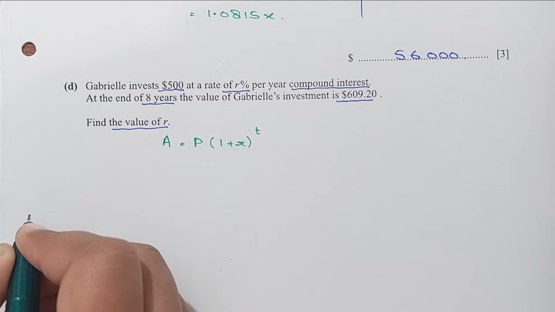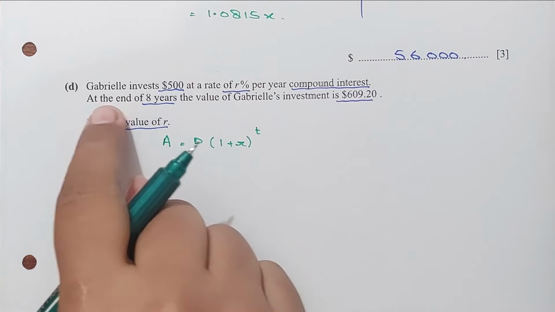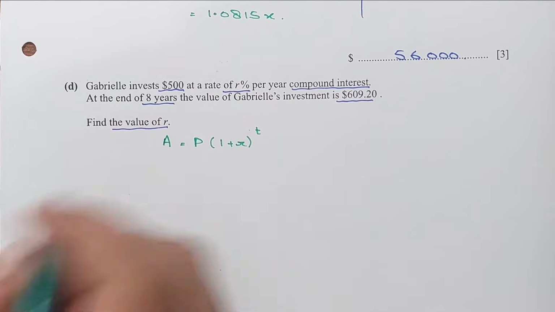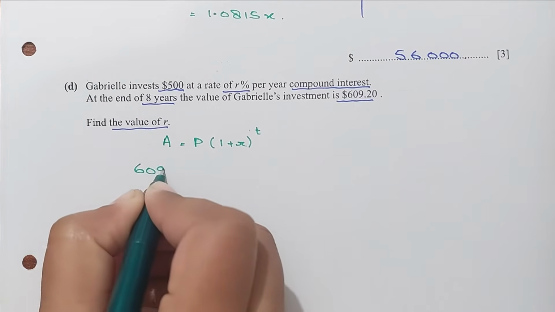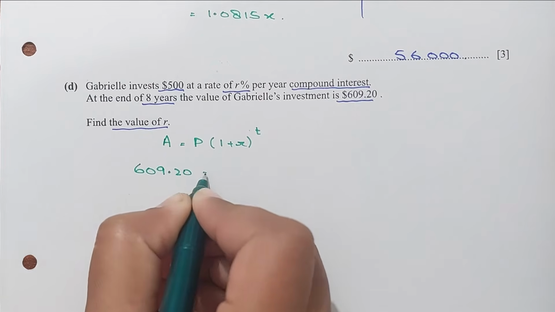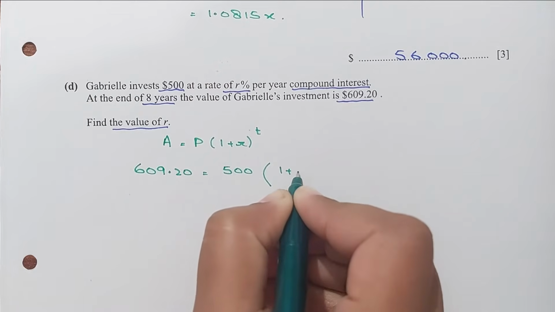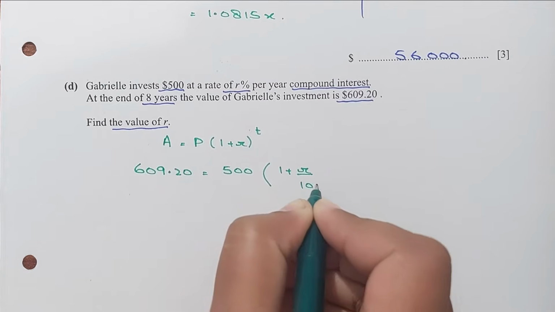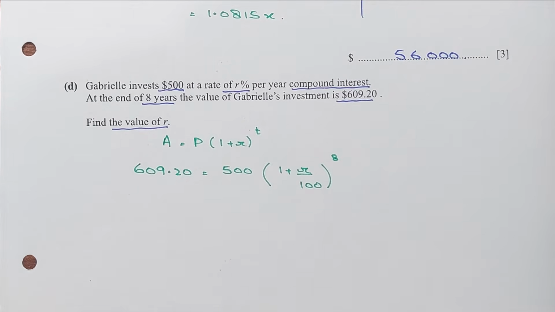So we have given the amount at the end of 8 years, which is 609.20, and the investment is 500 into 1 plus R% which is R over 100, and T is 8 years. Now we just have to solve for R, right?